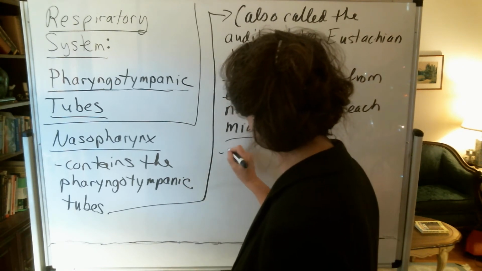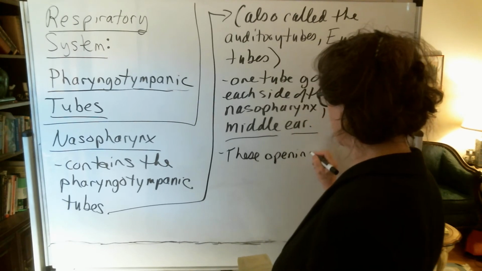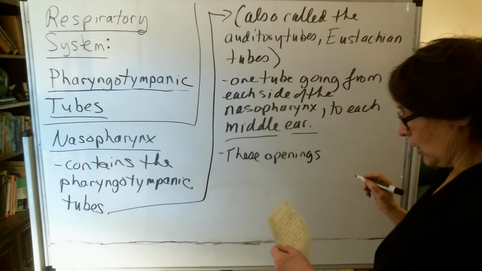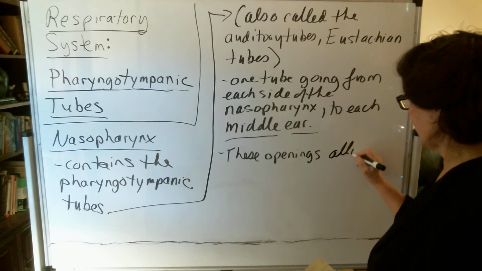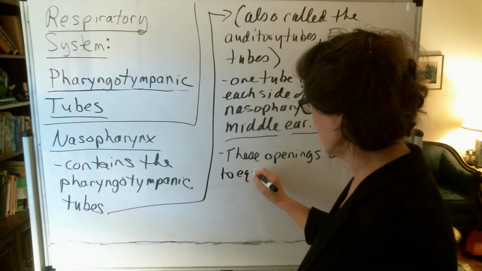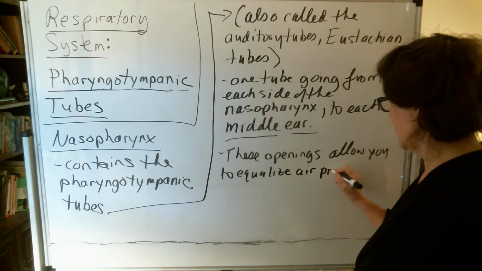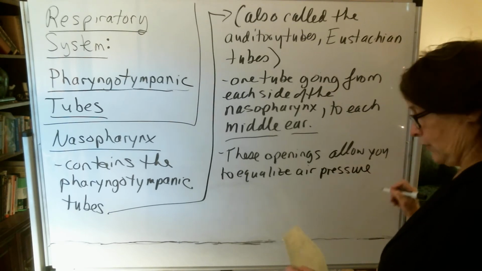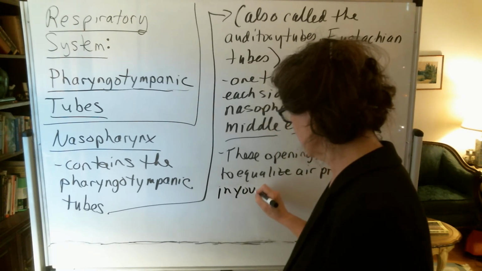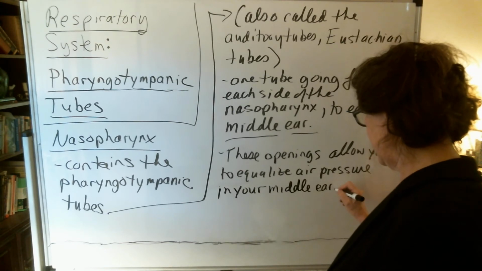So these openings, the right and left nasopharyngeal tubes, allow you to equalize air pressure in your middle ear.